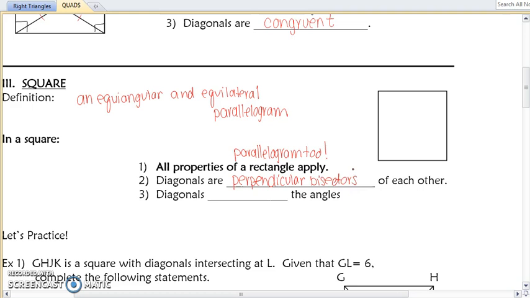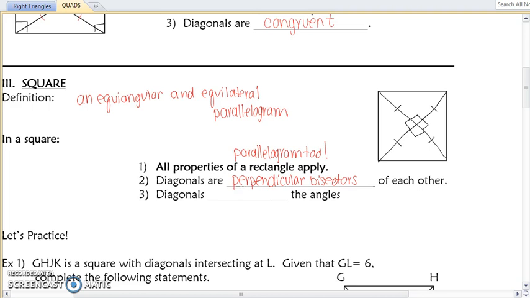So if we were to draw that out on our square, right, here's one diagonal, here's our other diagonal. We have a 90-degree angle in each of those corners. They're perpendicular bisectors. If they're perpendicular bisectors, they also divide the diagonal into congruent measures. So that has tick marks, that has tick marks. They're all congruent to each other because it does have that same characteristic and quality of our rectangle.